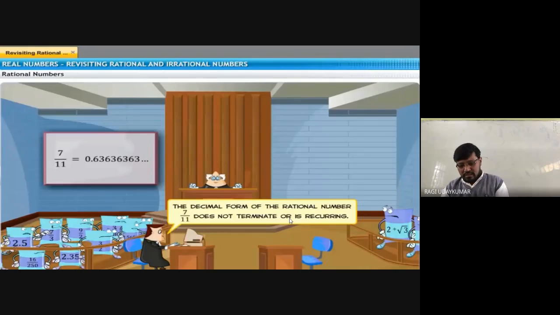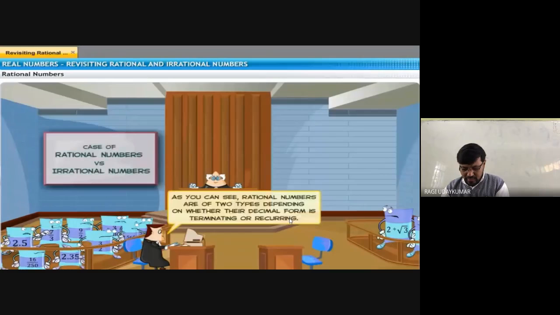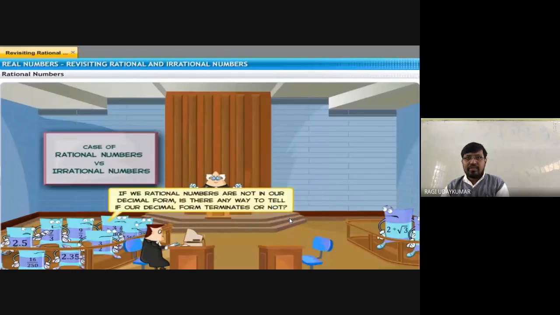So like this, there are two kinds of numbers here. One is terminating decimals, and the other is non-terminating recurring decimals, among the rational numbers.